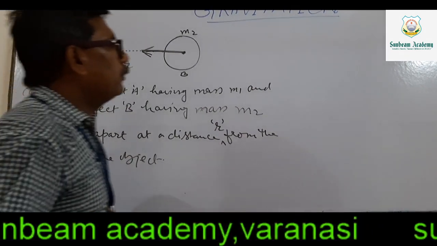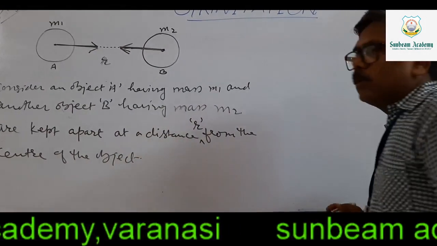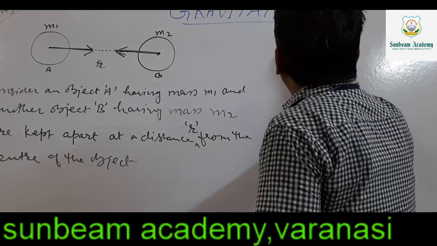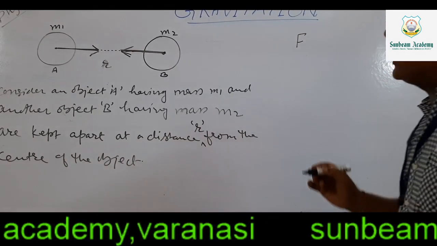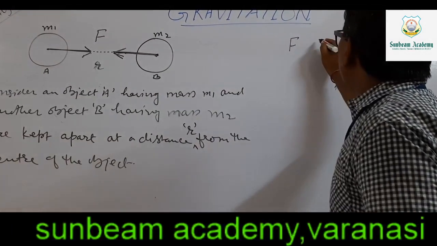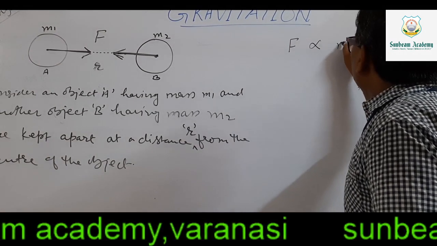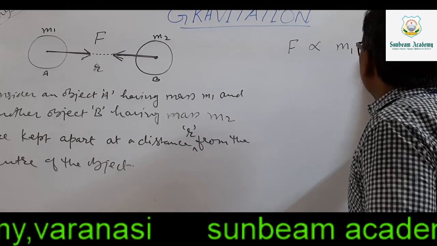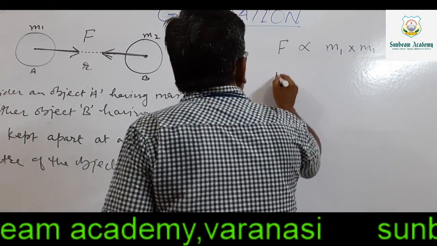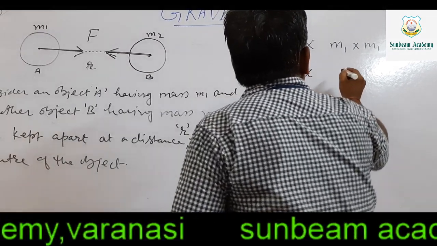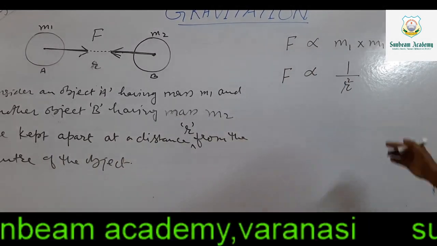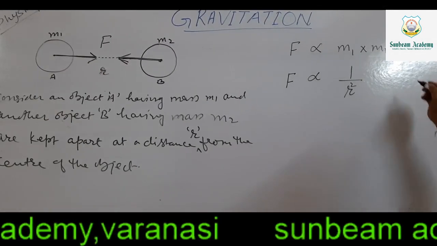Now, as per Newton's universal law of gravitation, a certain force F is acting in between these two bodies, and that force is directly proportional to the product of their masses, and that force is also inversely proportional to the square of distance between them.